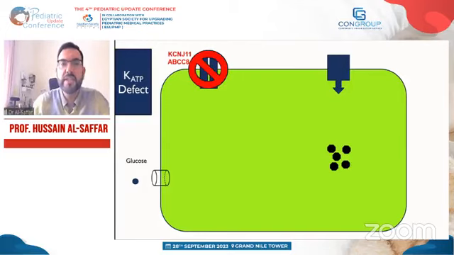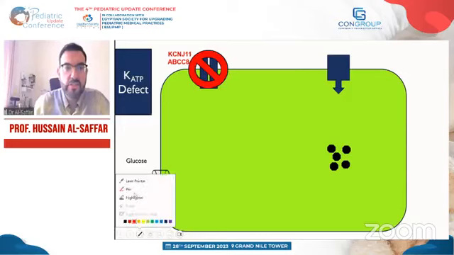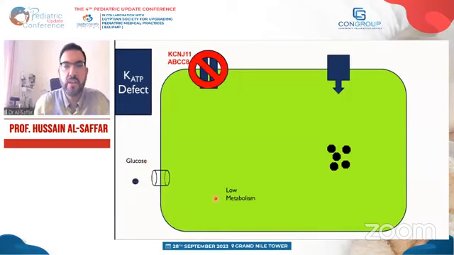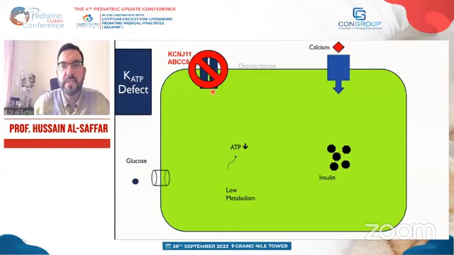So regardless of low glucose, regardless of the low metabolism and low ATP production, these channels are always closed, making the depolarization of the membrane that leads to calcium influx, and the calcium influx leads to insulin secretion outside, and that is causing hyperinsulinism.